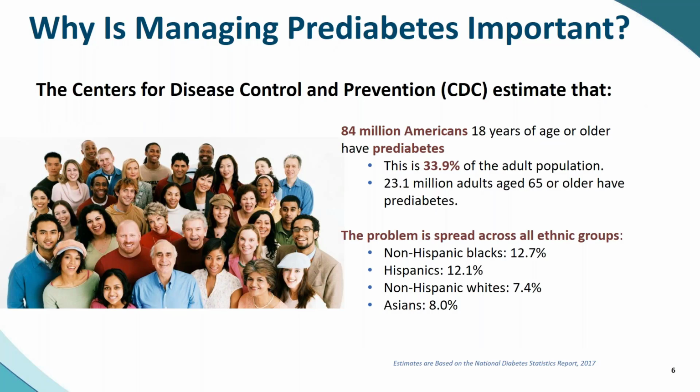So why is it important to focus on prediabetes? Well, 84 million Americans 18 or older have prediabetes, and that's a third of our population walking around with prediabetes. 23 million of those are ages 65 or older, and it is spread across all of our ethnic groups.